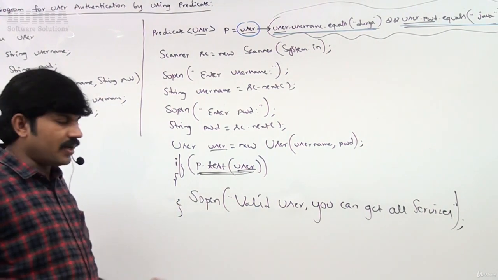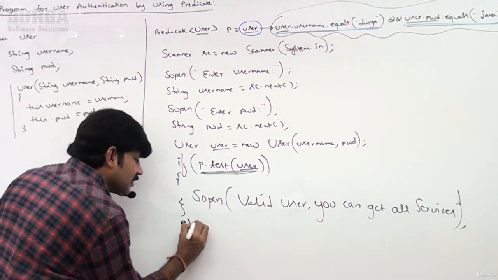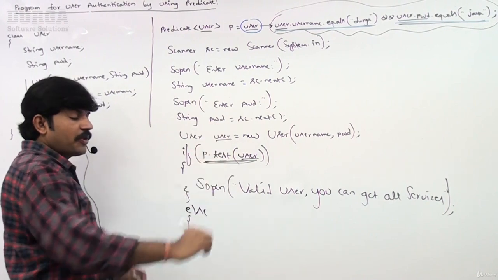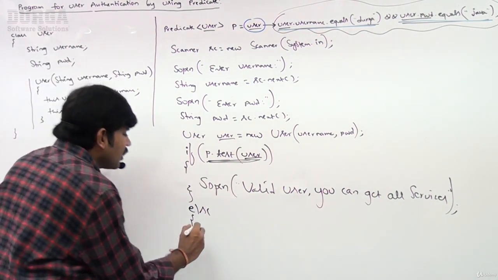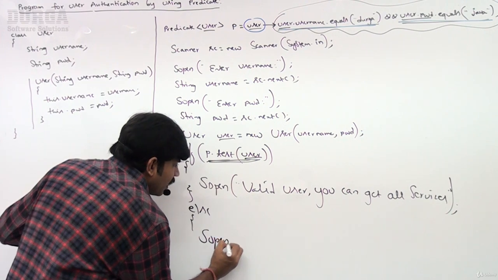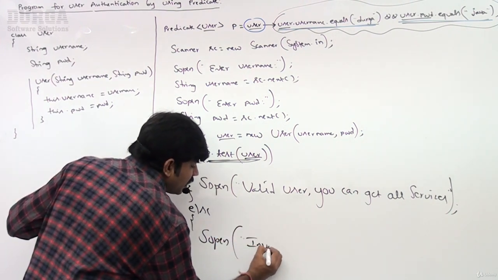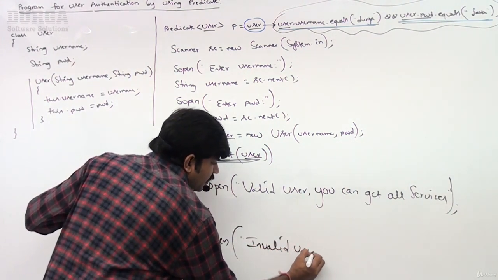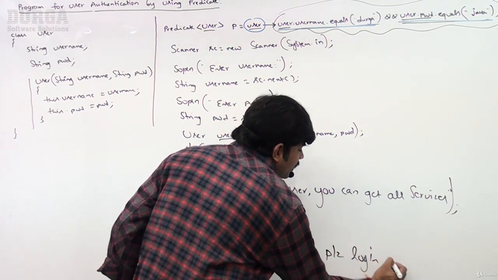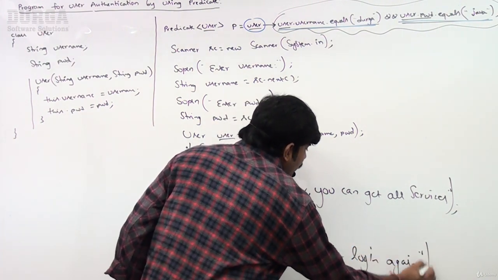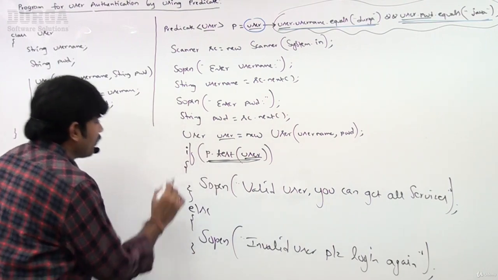Else, if the predicate test method returns false, he is not a valid user, then immediately I'm printing invalid user, please log in again. Are you getting it? Please log in again, like this I have to provide.